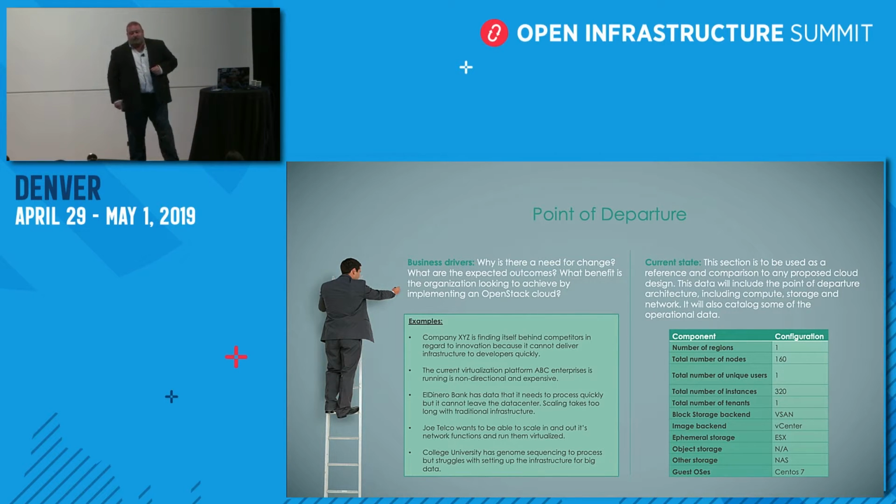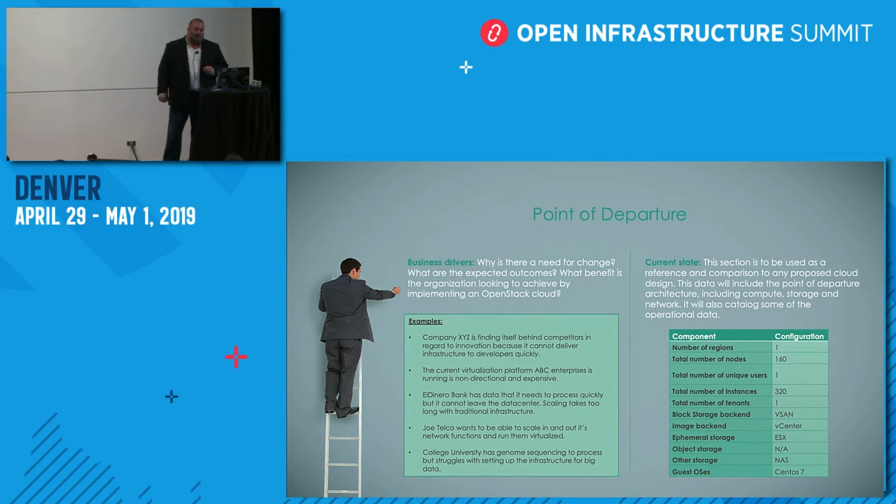So when you're looking at your point of departure, and as I said before, why is there a need for change? And this is what we're going to be putting in our deployment plan, or our business plan. Why is there the need to change? What are the expected outcomes? What are your KPIs? You're going to be putting this cloud in, right?